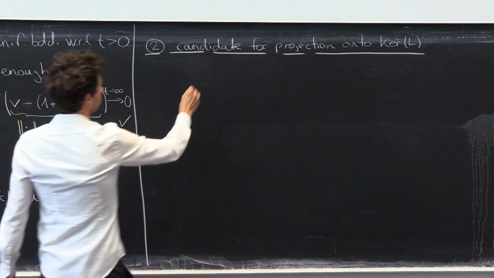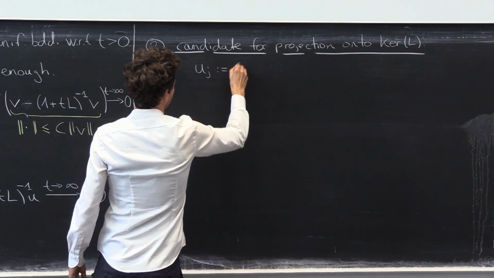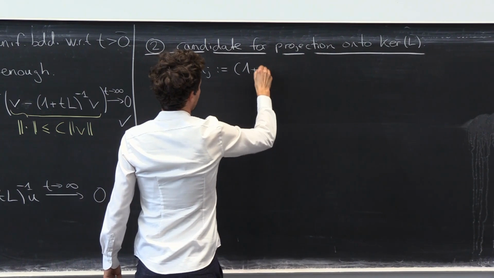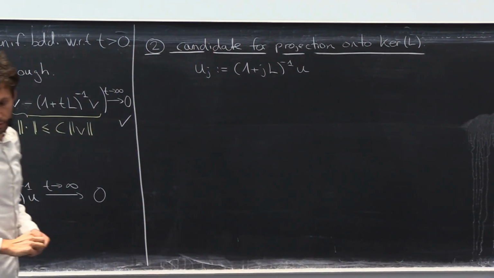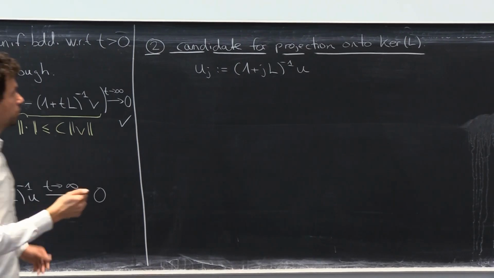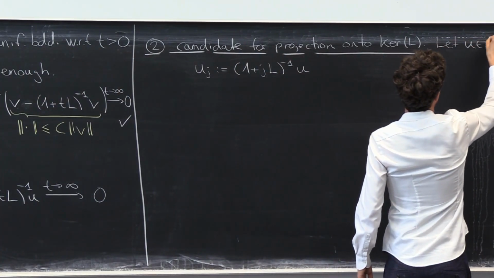And so let me call uj the element 1 plus jL to the minus 1 applied to some u. Okay? So this u is some element of the Hilbert space.